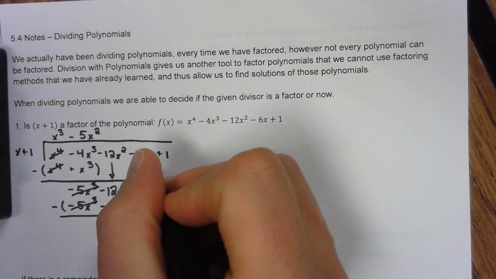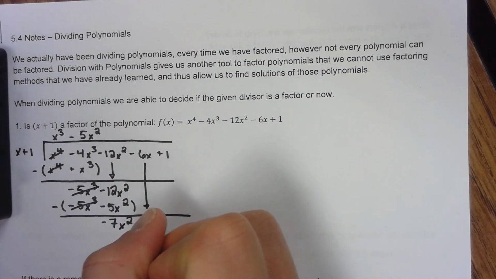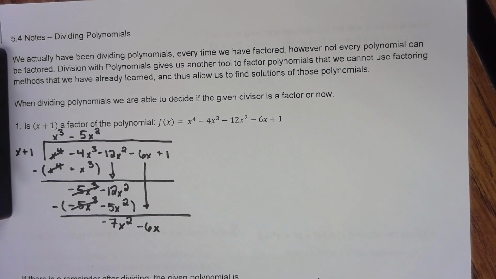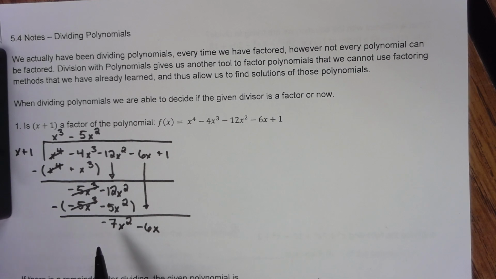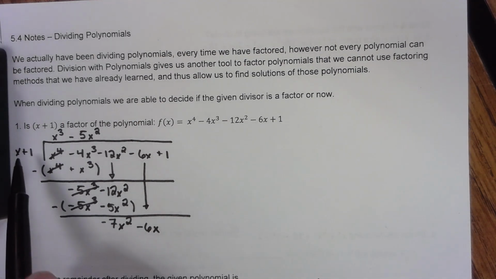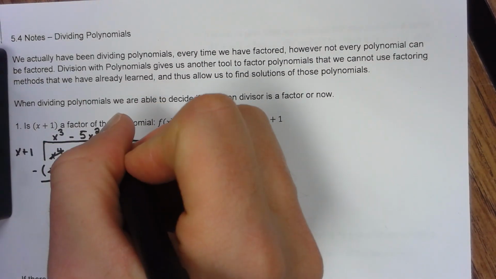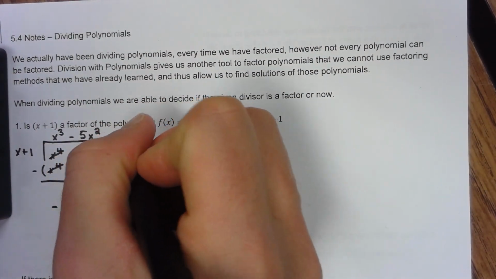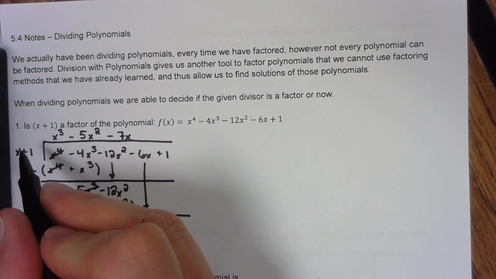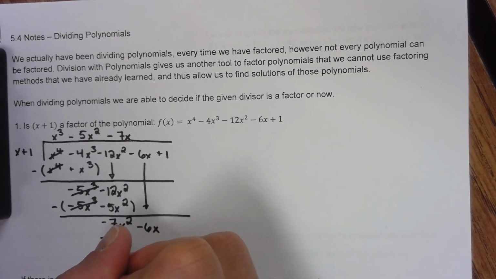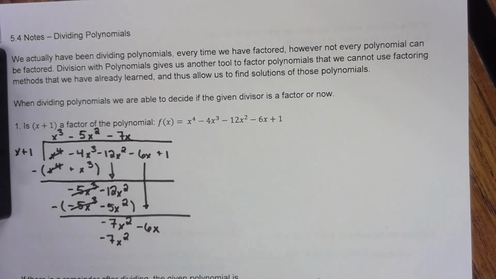So I'm going to bring down the next term and start all over. Now I'm focused on getting a -7x squared, thinking about x times what gives me that -7x squared. That would be -7x. So -7x times 1x is this -7x squared.